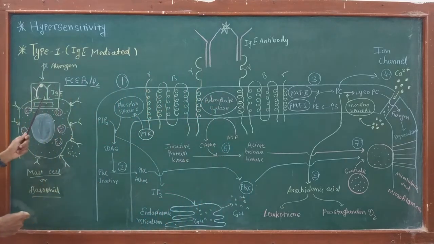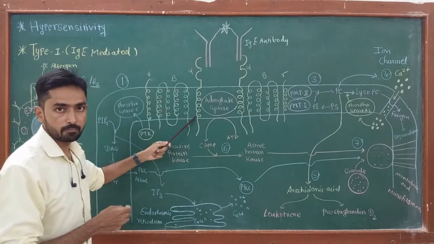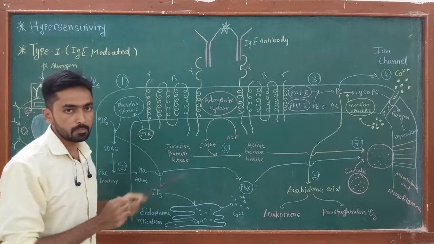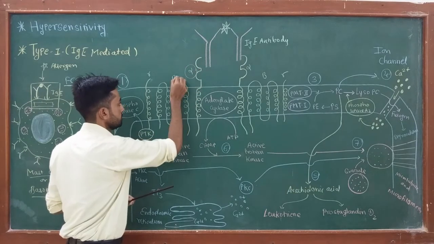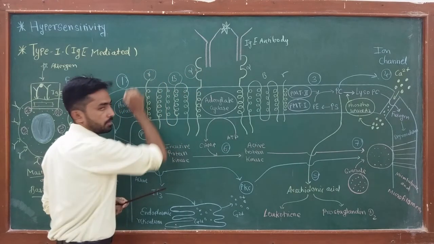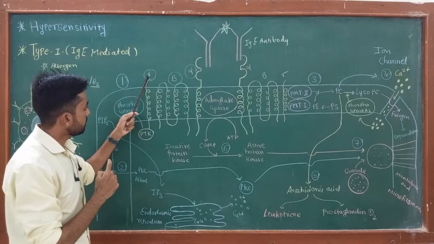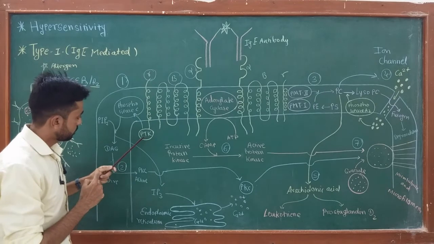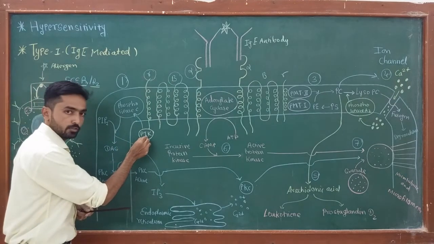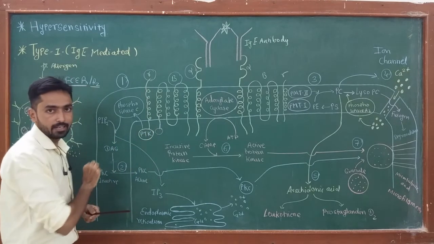The receptor which is present on the mast cell, here I have shown. The receptor has 3 important types of polypeptide chains: alpha, beta and gamma, out of which the gamma chain and beta chain carry a special type of protein tyrosine kinase enzyme at their cytoplasmic tail.